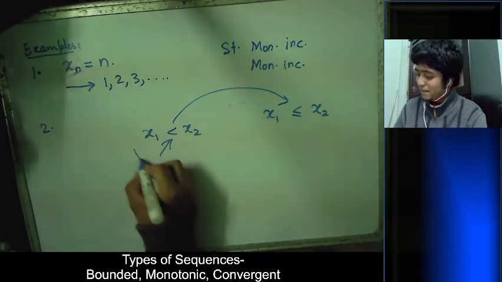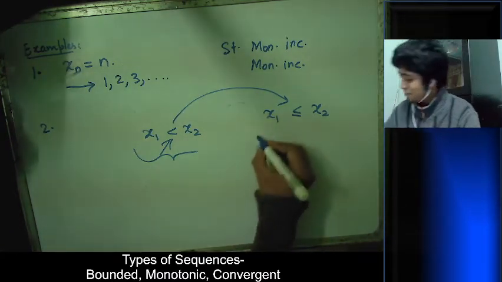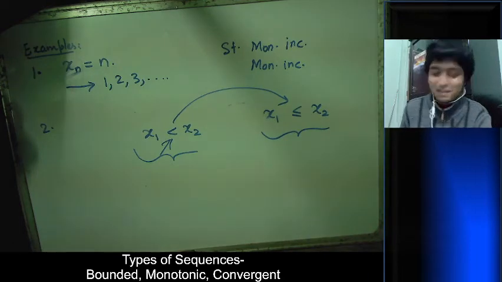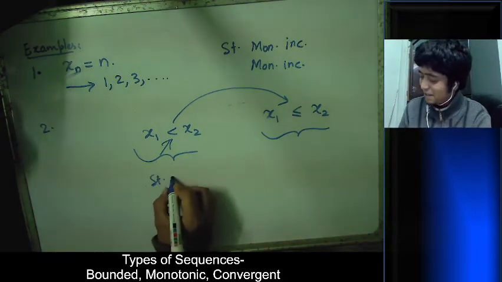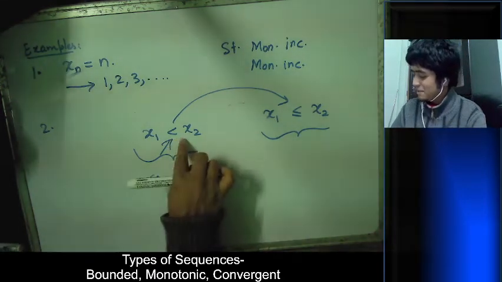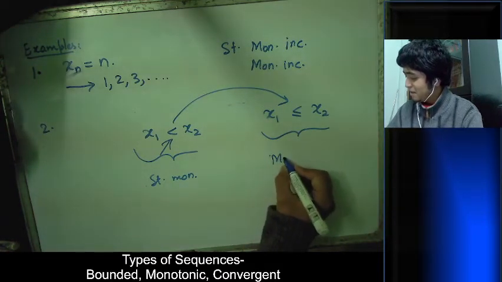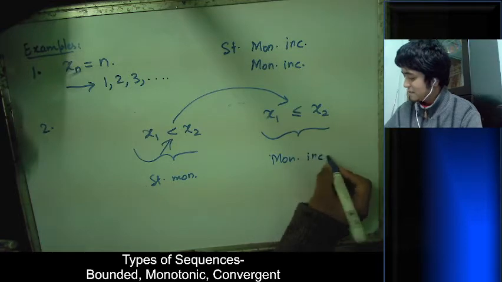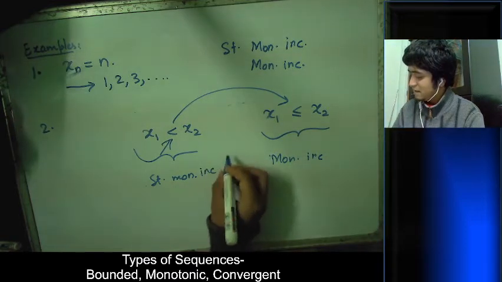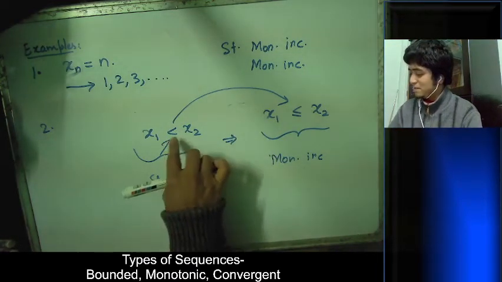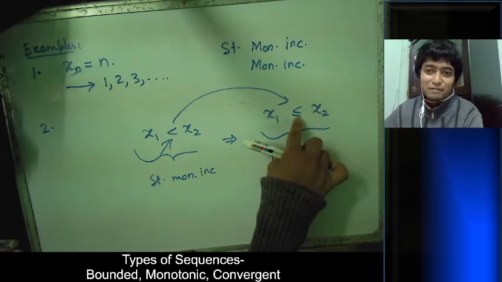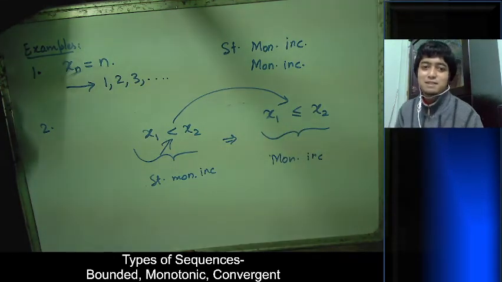So that is why if this one holds, then this one also holds. In other words, if it is strictly monotonic, because this symbol is also present over there, it will also be monotonic increasing. In fact, over here we have an additional symbol, which is equality.